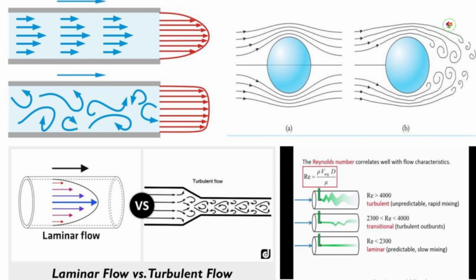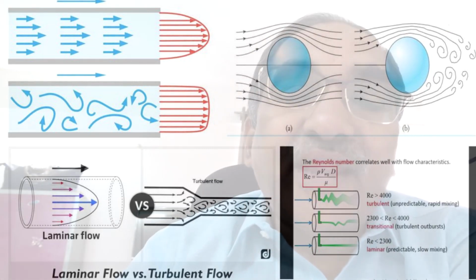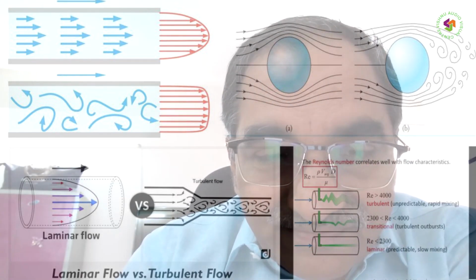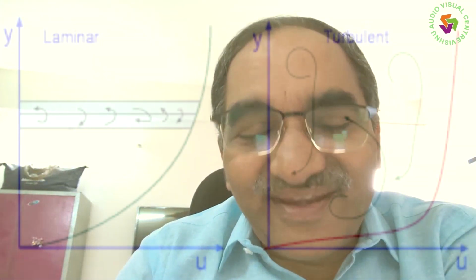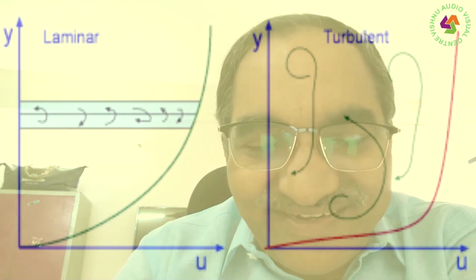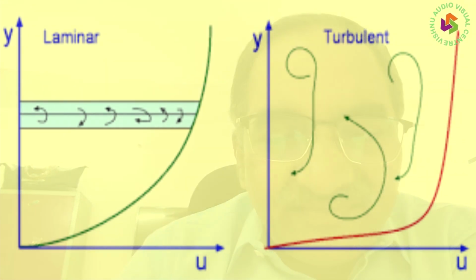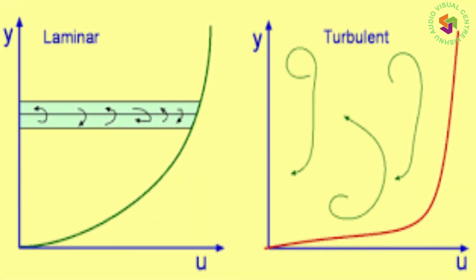Number one is thickness. Number two is shear stress at any point. Number three is the drag force on one side of the plate and drag force on both sides of the plate. Then last, if suppose the boundary layer is laminar up to a certain extent and then the remaining is turbulent, then naturally the thickness we can calculate depending upon whether the boundary layer is laminar or turbulent.